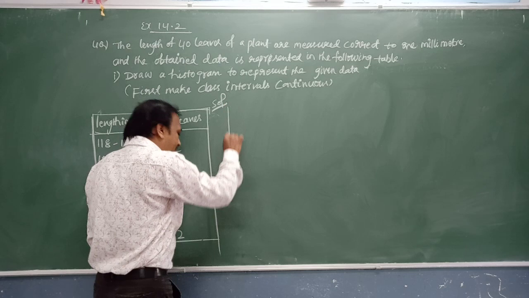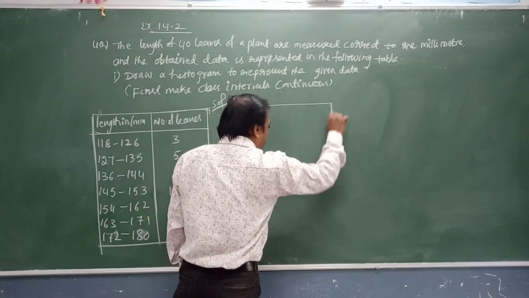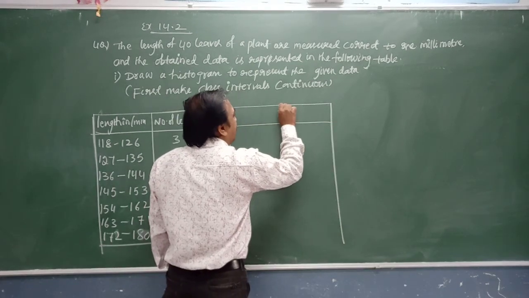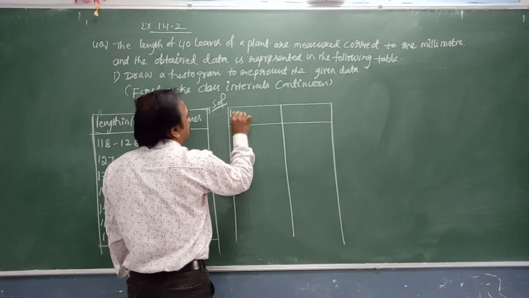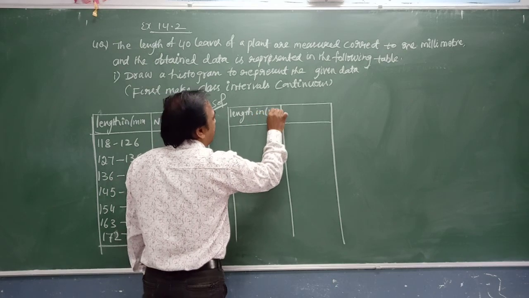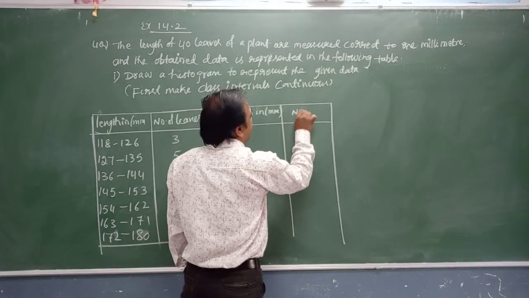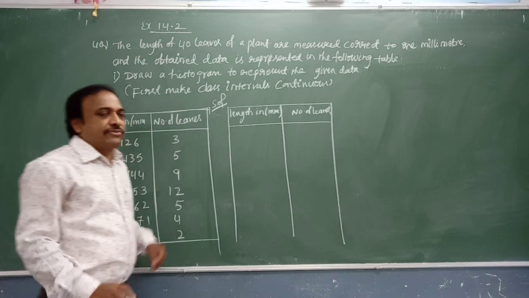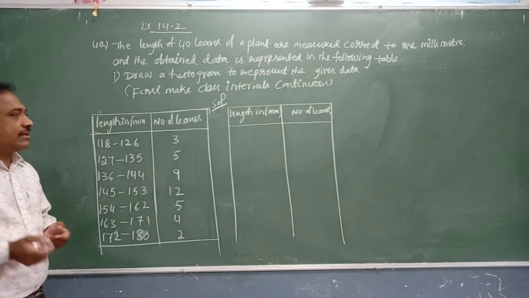Again, we need to make a class interval column and then a frequency column: length in millimeters and number of leaves, that is frequency.